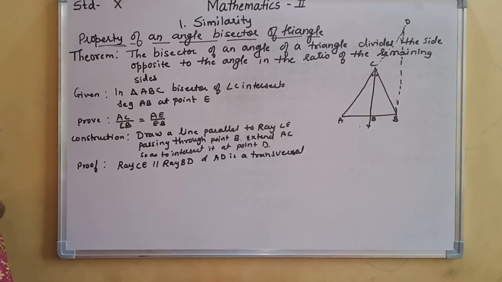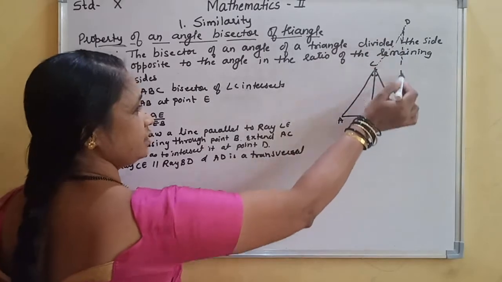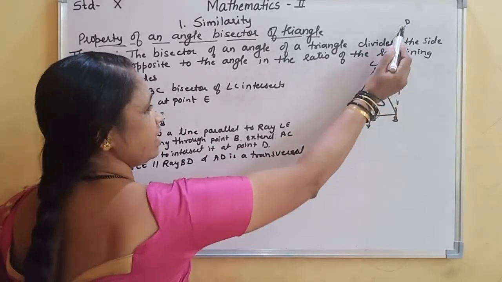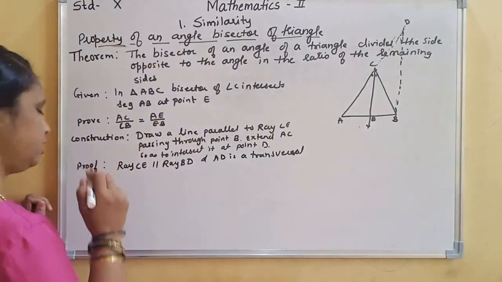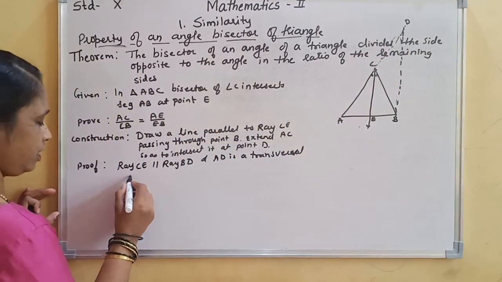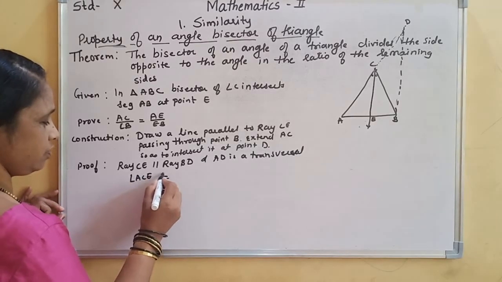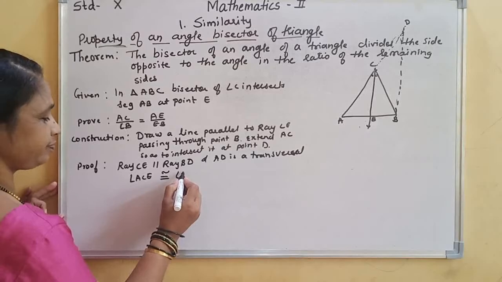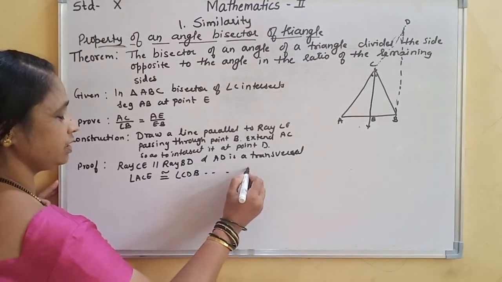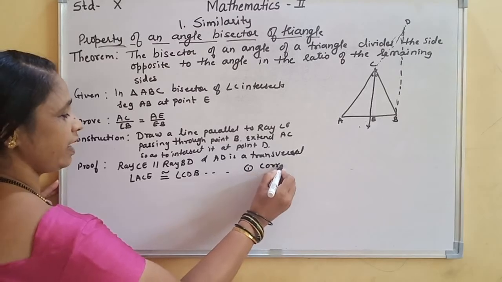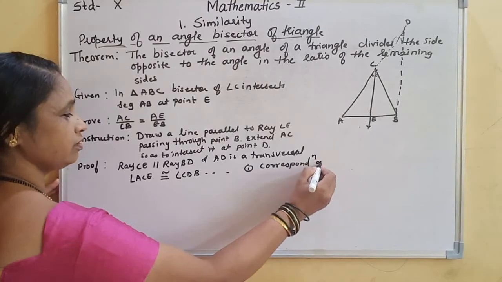Which angles? This angle and this angle are corresponding angles. So angle ACE is congruent to angle CDB because they are corresponding angles, and corresponding angles are congruent.